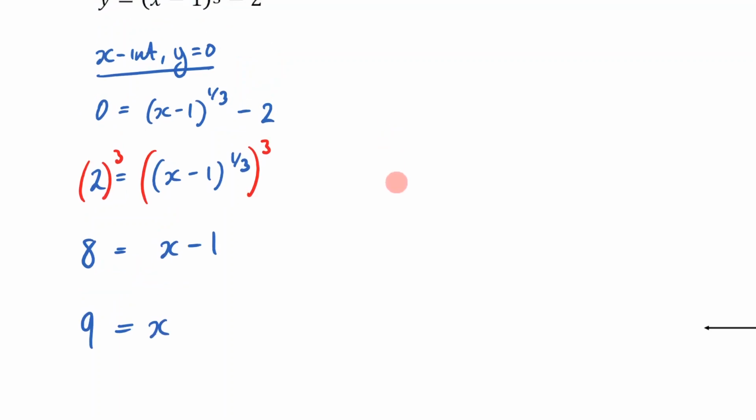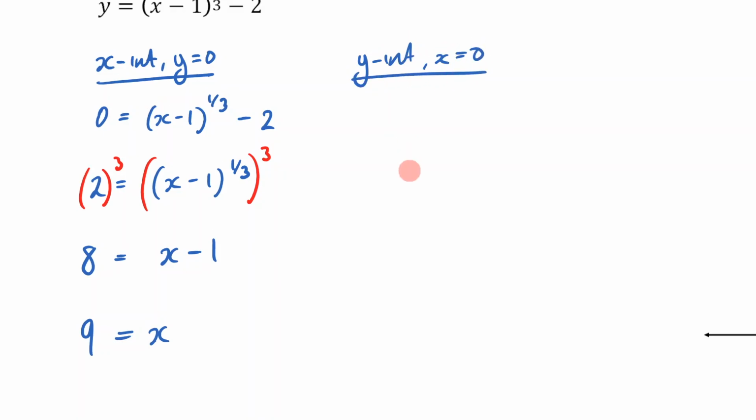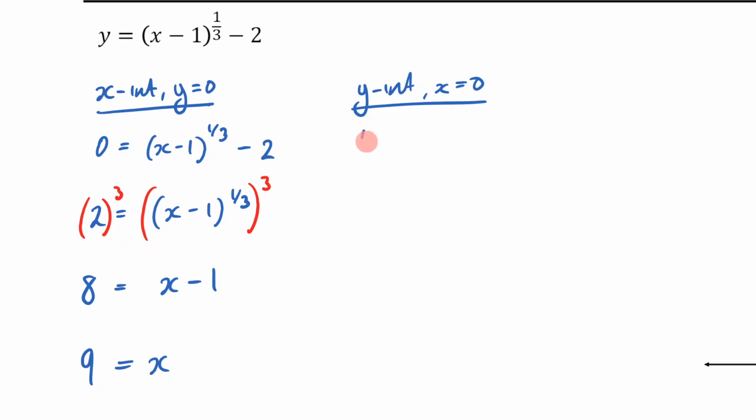Then I do the same thing for my y-intercept. To find my y-intercept, I let x equal 0. So y is equal to negative 1 raised to the 1/3, minus 2. Now this might freak people out, but all it is saying is, what's the cube root of negative 1?